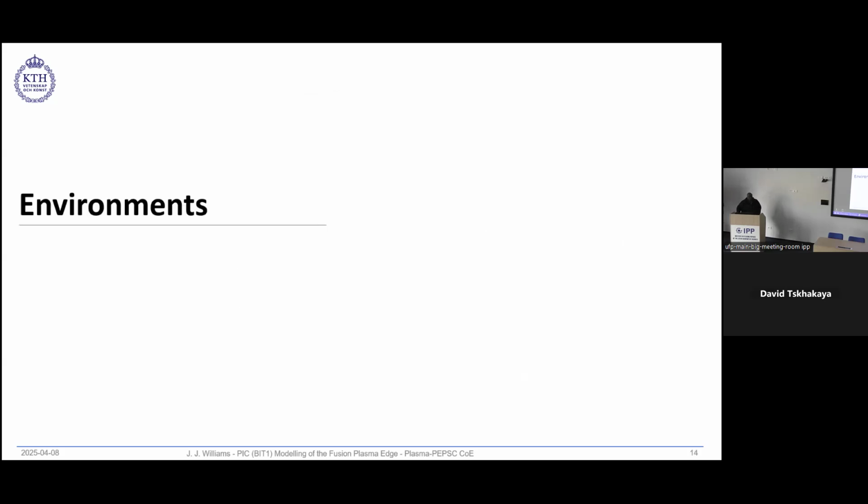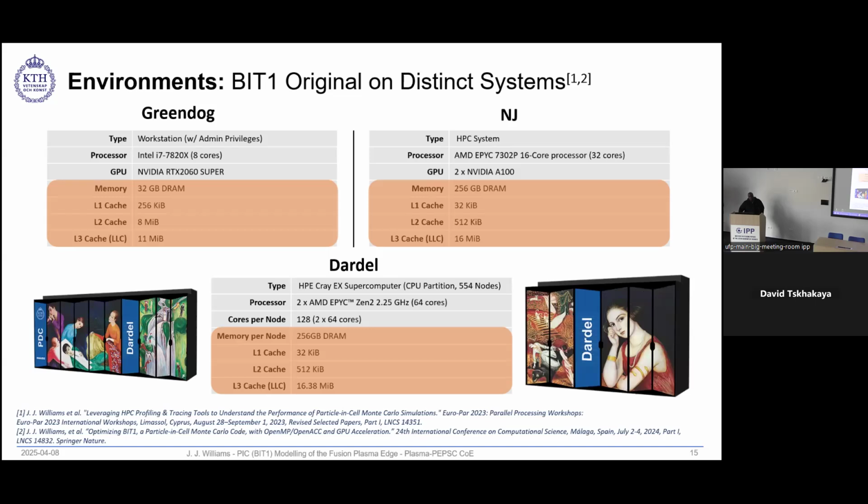So let's look at the environments that we used. Firstly, we had to figure out how we're going to help David with this code, get it to exascale. You can see there are 3 distinct machines. Greendog is a workstation at KTH, and we have administrative privileges, and I'll tell you why we use that one.